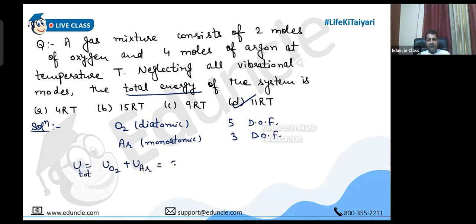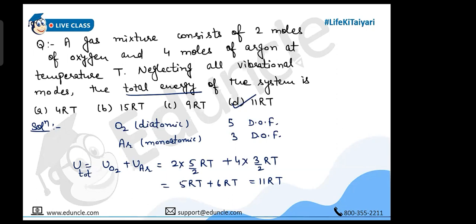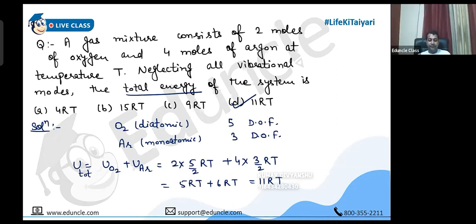For oxygen, it will be 2 moles into 5 by 2 RT, RT, sorry, not kT, because it is per mole. And for argon, 4 into 3 by 2 RT. 5 RT plus 6 RT is 11 RT. Please check it. Clear? Yes, sir.